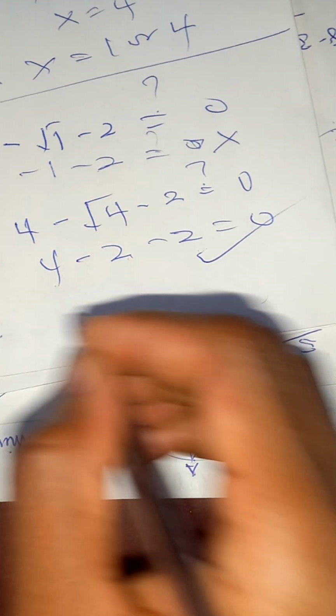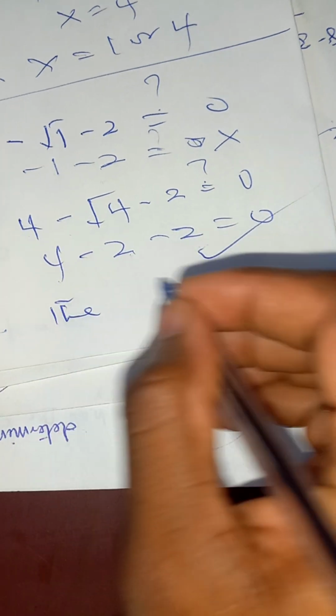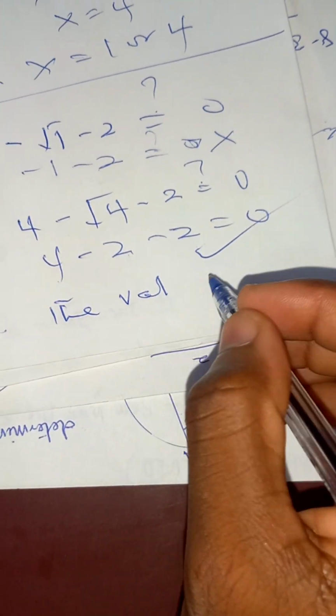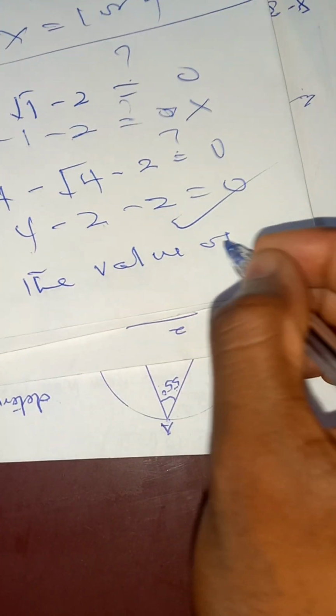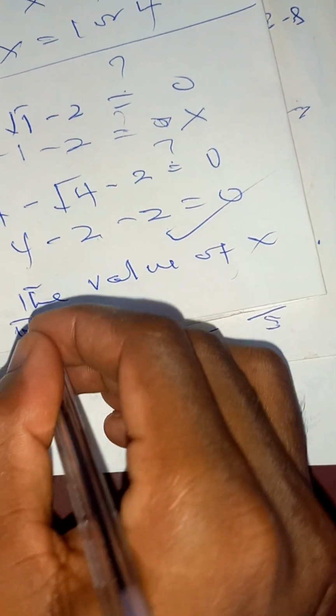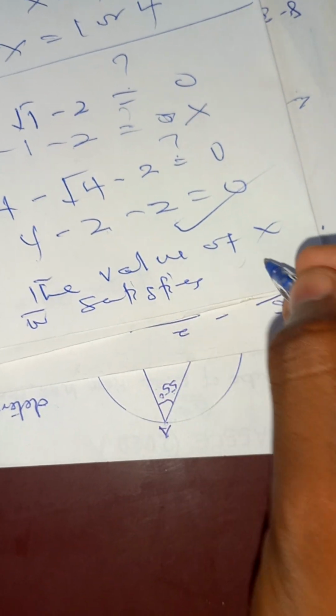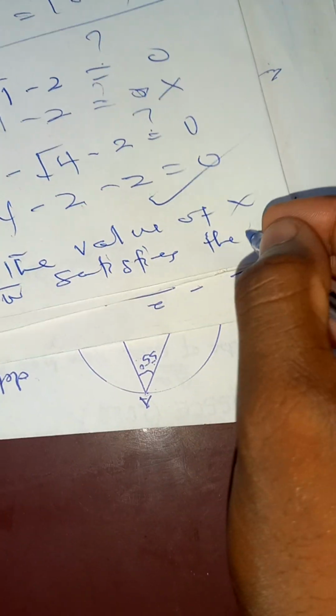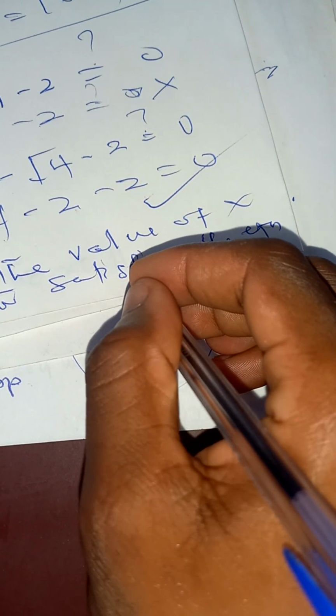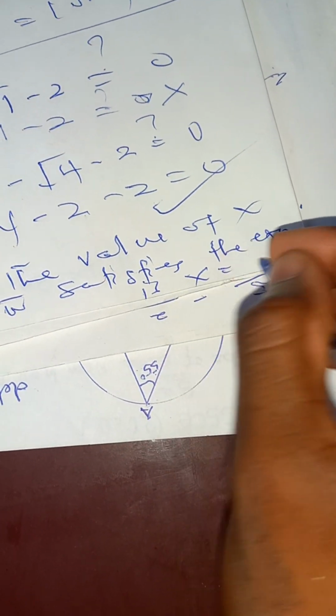So we can say that the value of x which satisfies the equation is x being 4. Great. Thank you.